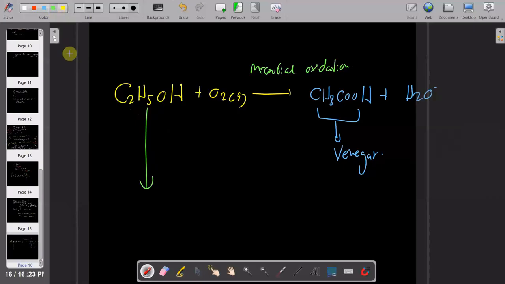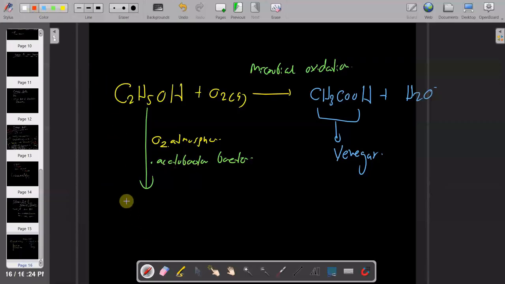Now for example, grape juice contains ethanol, and when it is being exposed to the oxygen in the atmosphere, the wine itself contains what? Acetobacter bacteria. Acetobacter bacteria contains certain enzymes, and it gives what? Wine.